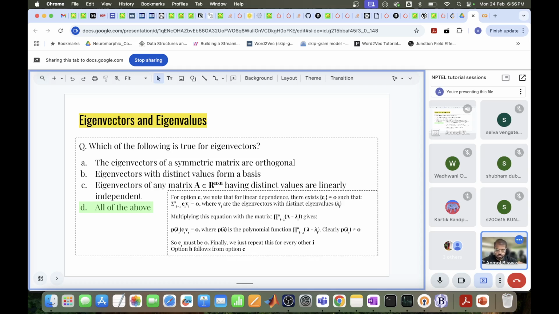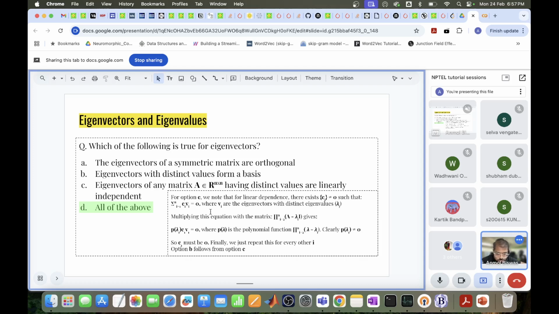Second part, for option C, which is the linear independence of eigenvectors with distinct eigenvalues, we note that the first part here is nothing but the definition of linear dependence.